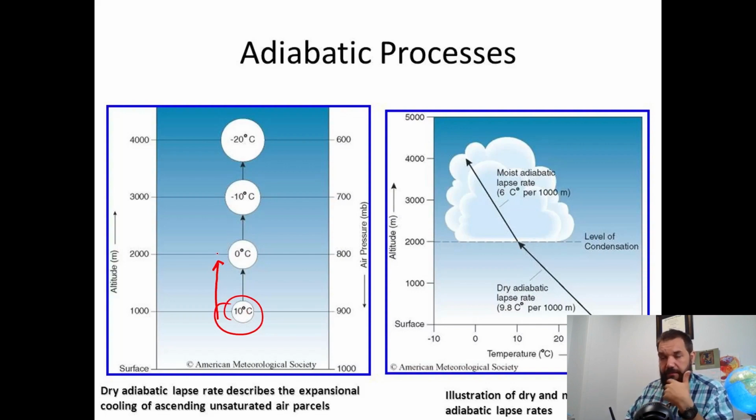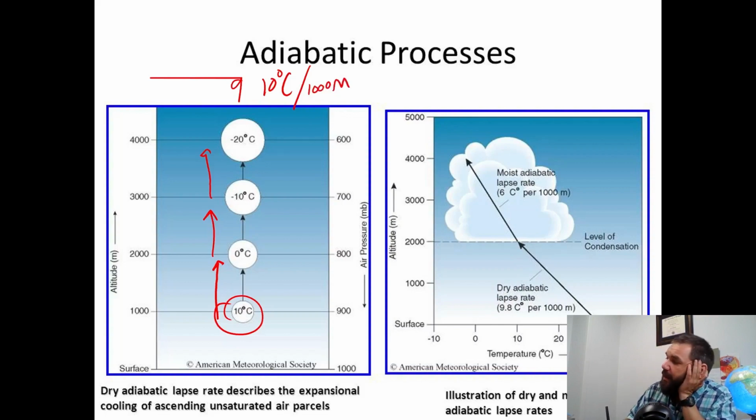You rise to 1,000 meters, and you're going to cool off 10 degrees Celsius. If you rise another 1,000 meters, you're going to cool off another 10 degrees Celsius. If you keep rising, you're going to cool off another 10 degrees Celsius. That's adiabatic temperature change, and that's the adiabatic lapse rate. The adiabatic lapse rate, if it's dry, is 10 degrees Celsius per 1,000 meters.